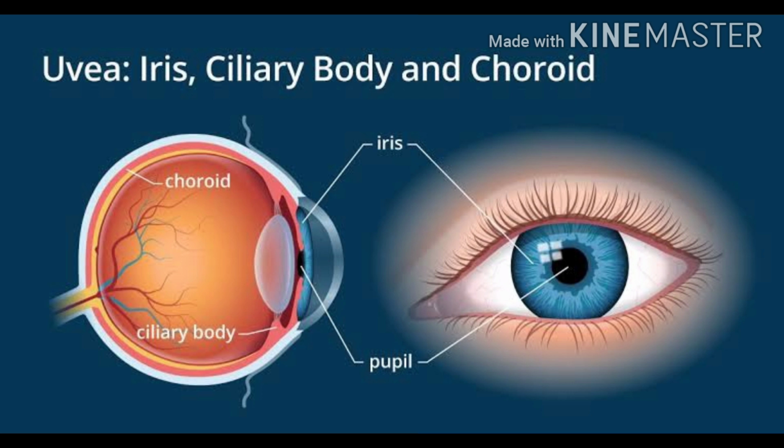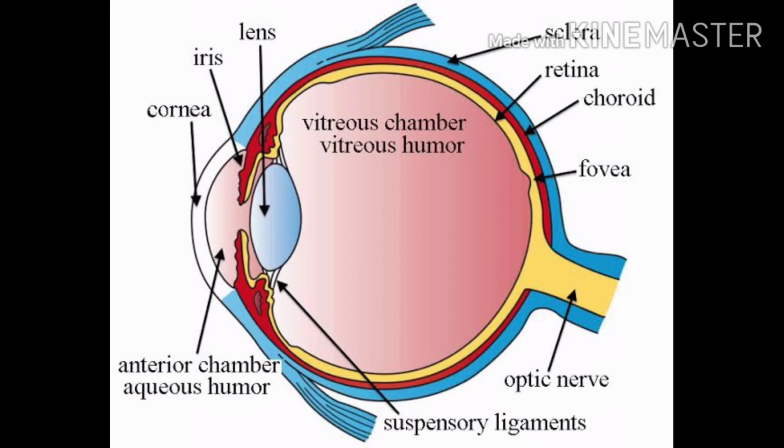Radial and circular muscles are present in the iris. A biconvex lens is present immediately behind the pupil, which is attached to the ciliary muscles and suspensory ligaments. The lens divides the inner eyeball into the aqueous chamber and the vitreous chamber.